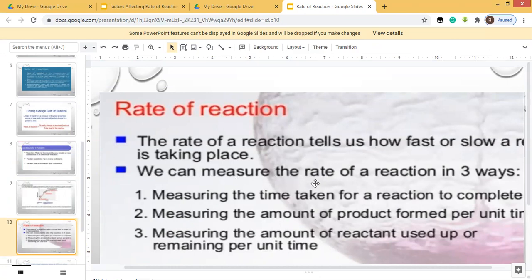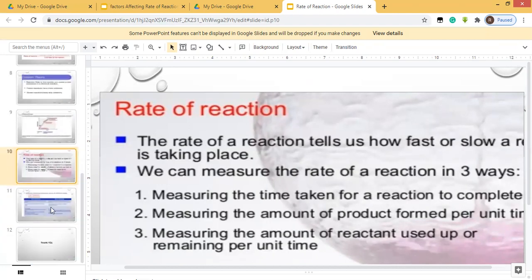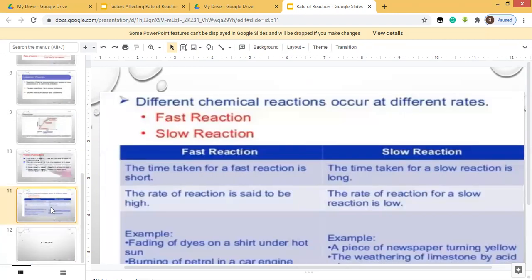We can measure the rate of reaction in three ways: measuring the time taken for a reaction to complete, measuring the amount of product formed per unit time, or measuring the amount of reactant used up per unit time. So you may compare the different chemical reactions which are occurring at different rates. These are the fast reactions. How will you compare them?